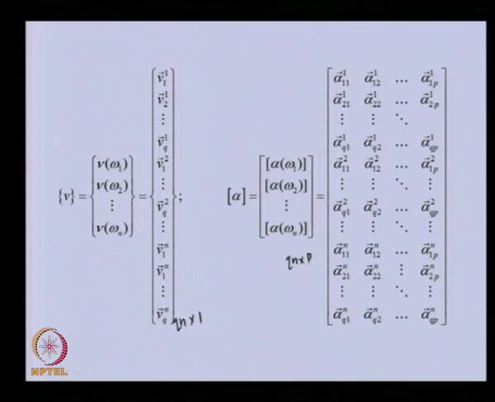You can see the first is corresponding to omega 1 speed, and these influence coefficients are corresponding to omega 2. Some of them I have shown here, and these are corresponding to the nth speed omega n, and these are for omega 2, this is for omega 1.